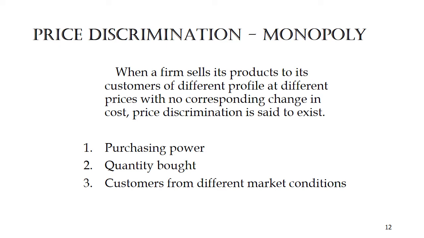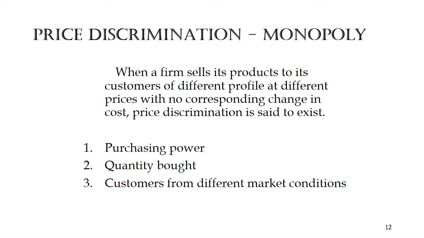What bases can they use for price discrimination? Purchasing power. Sometimes it can be like this: for rich people they charge a higher price for the same product, but for the poor they can give a small reduction. Like that, according to the purchasing power, they decide different prices for the same product. Another basis is the quantity they bought.